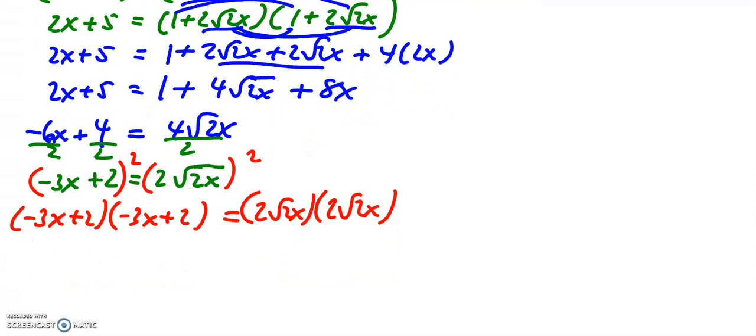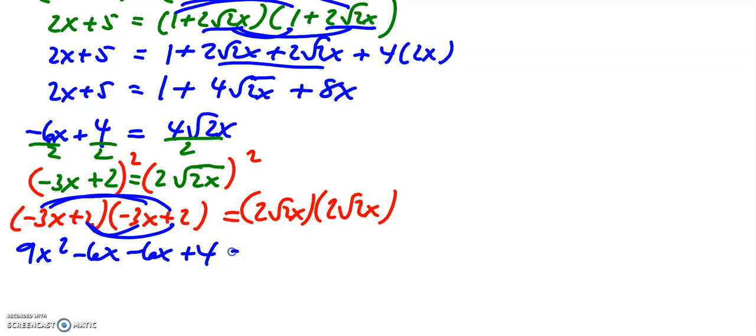Here, if I FOIL the left side, I'd end up with 9x squared minus 6x plus 4. And on this side, 2 times 2 gets me 4, and root 2x times root 2x ends up just being 2x.